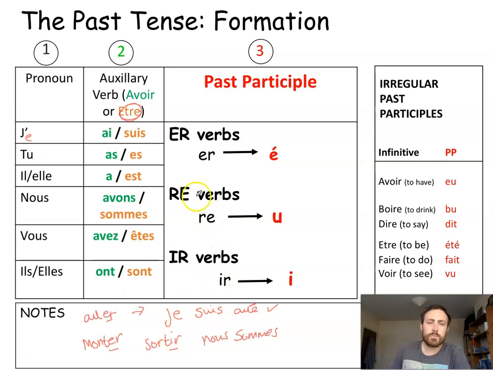And then it's an IR verb, so we find our IR on here. The IR is going to change to an I. So nous sommes sortis. And I have put an S on there, and that's going to start confusing some people. I'm going to explain that now, as we're on that topic. It's to do with the agreement, but just remember that we need the I there. And that's how we form the past tense with être verbs.